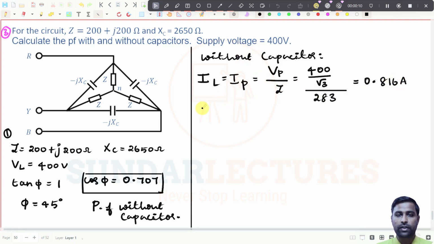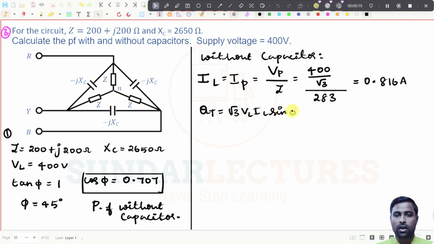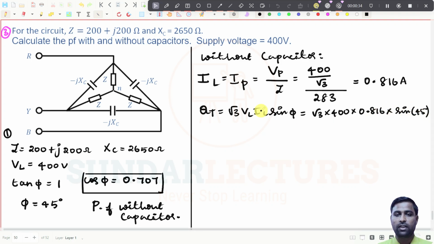Now if you want to find the value of QT, what is the formula? It is root 3 VL IL sin phi. All the values you have with you. So root 3 into 400 multiplied by 0.816 multiplied by sine of 45 degrees. If you simplify this, you will get QT to be 400 VAR.